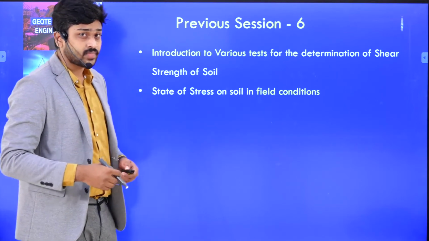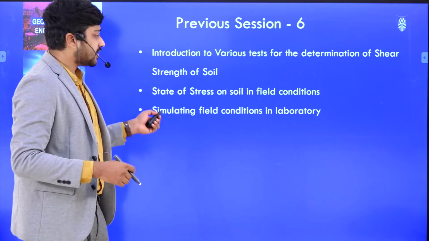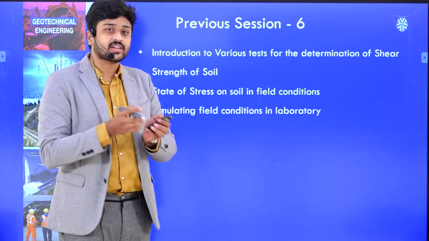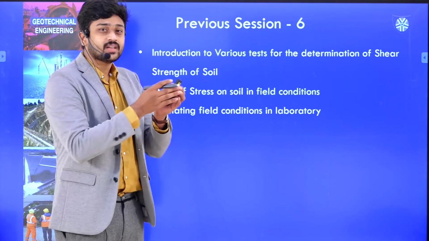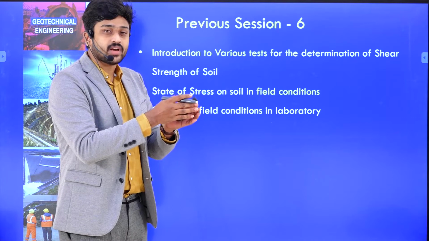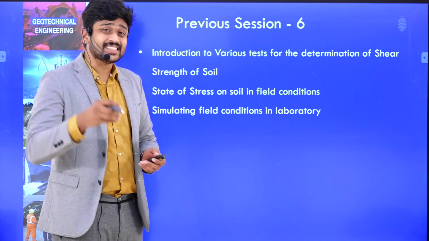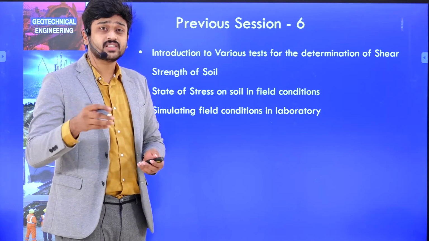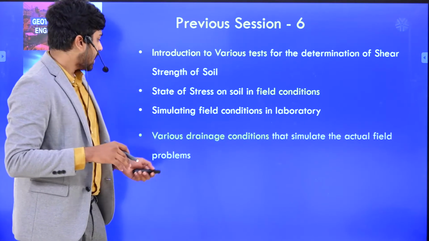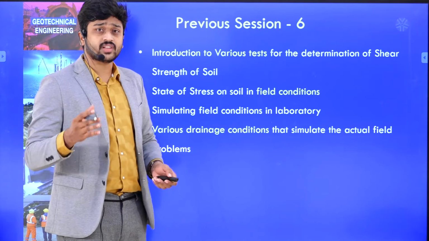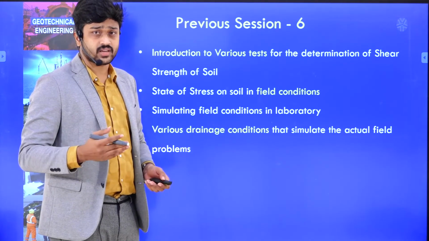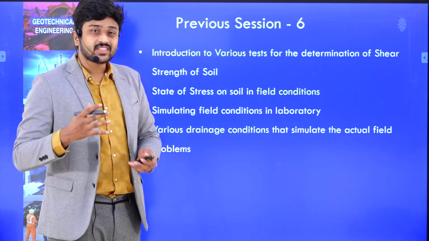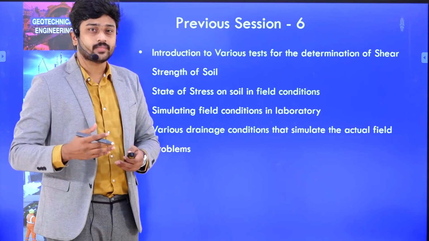Similarly, after collecting the soil sample and placing it for testing in the laboratory, we understood how we attain these field conditions in the laboratory. And we understood this for the different drainage conditions, because we need to simulate the actual field problem.